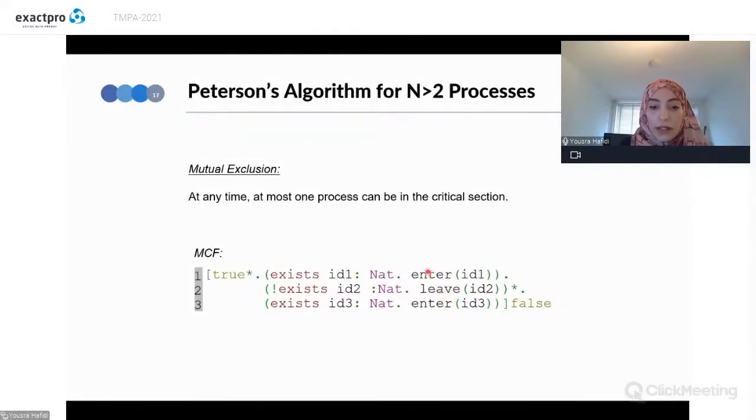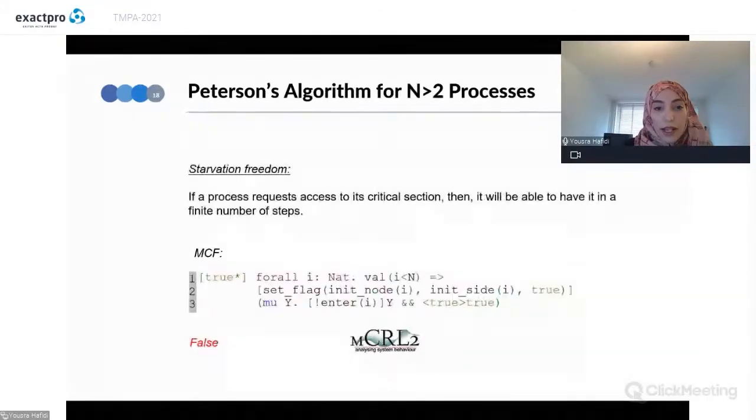So we cannot find in the state space two enters without an intermediate leave action. This property is verified using the mCRL2 toolset, so it is true.